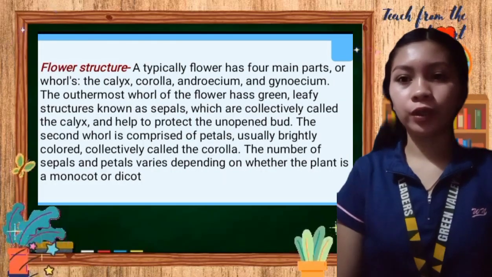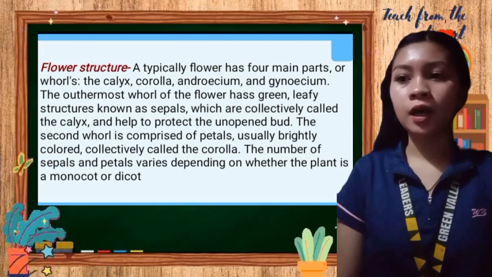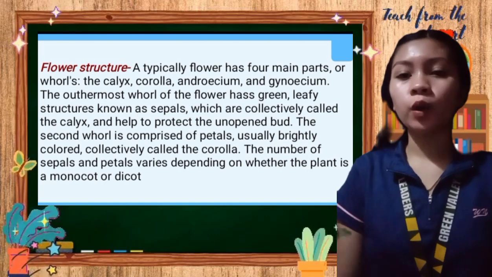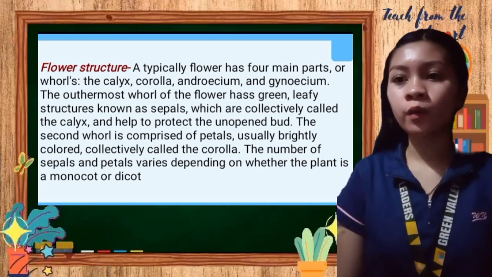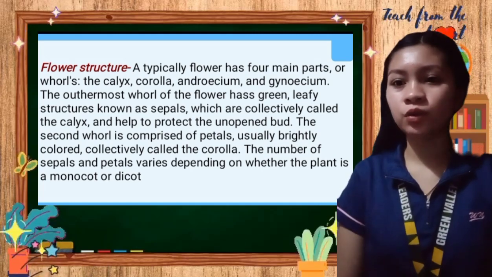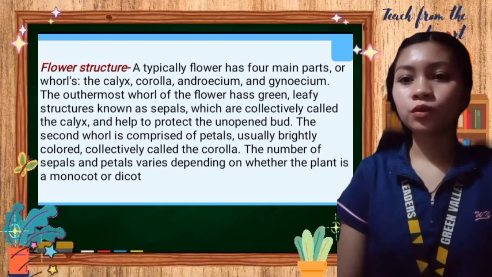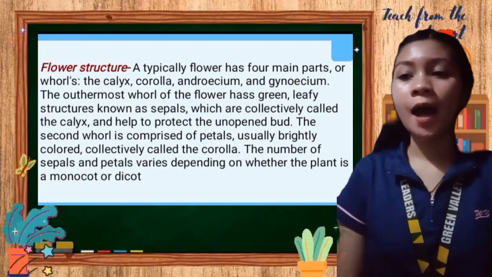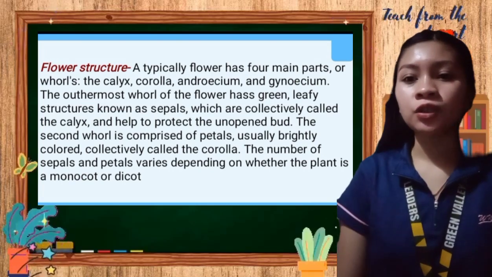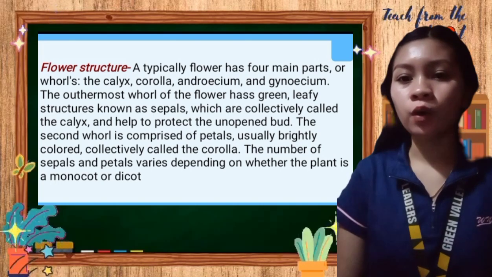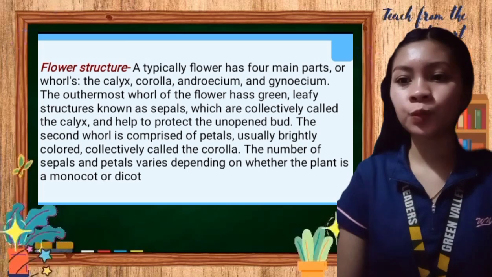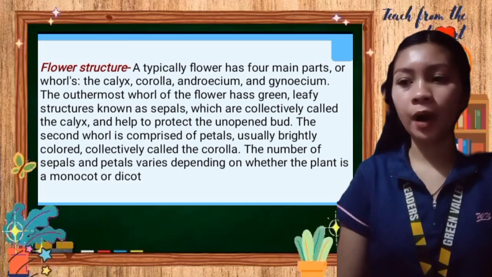Flower structure. A typical flower has four main parts or whorls: the calyx, corolla, androecium, and gynoecium. The outermost whorl of the flower has green leafy structures known as sepals, which are collectively called the calyx and help to protect the unopened bud.